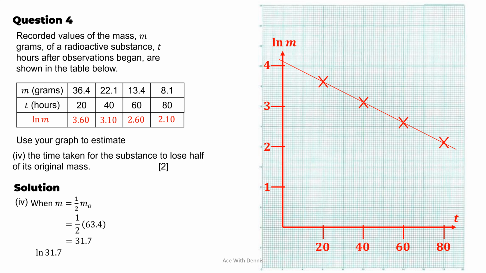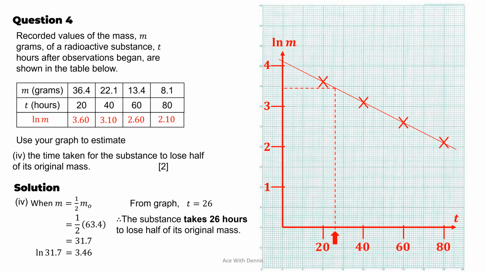Then we ln the m, we get ln 31.7, the value is 3.46. From the graph, here is 3.46, and the corresponding t value will be this point. So from the graph, t equals 26. Therefore, the substance takes 26 hours to lose half of its original mass.